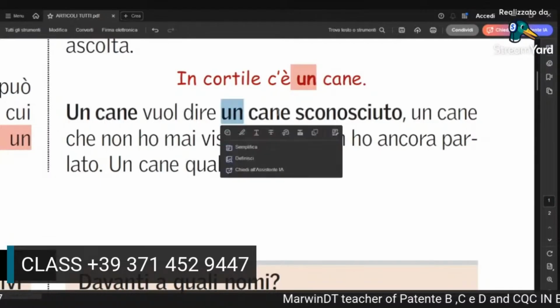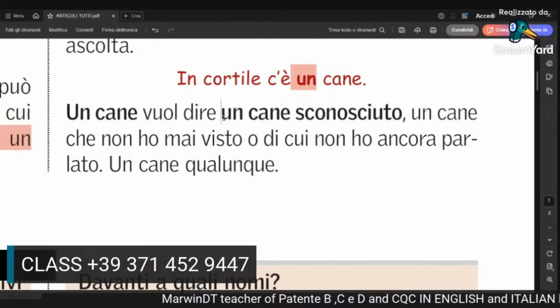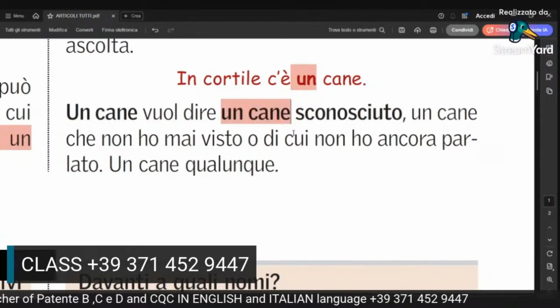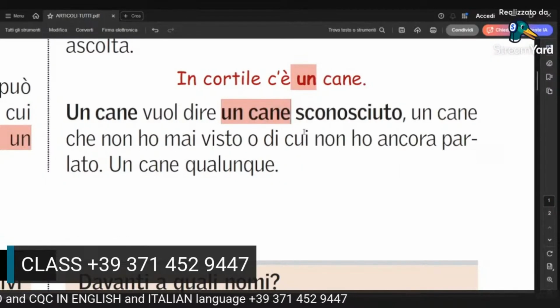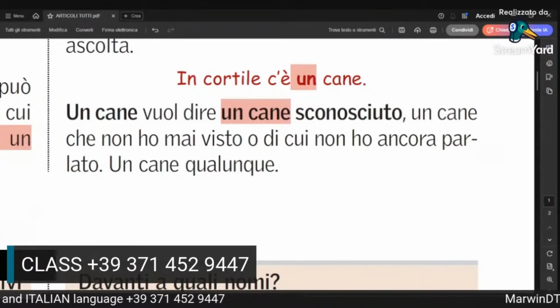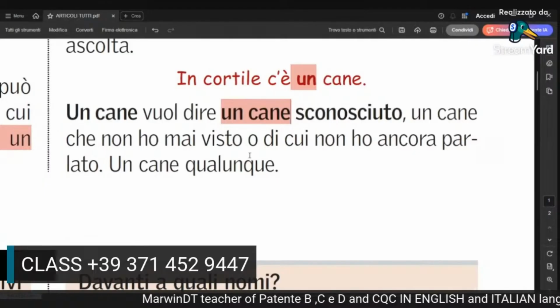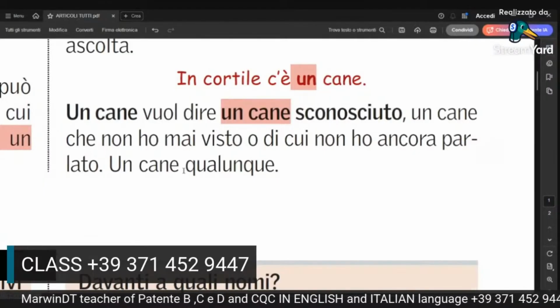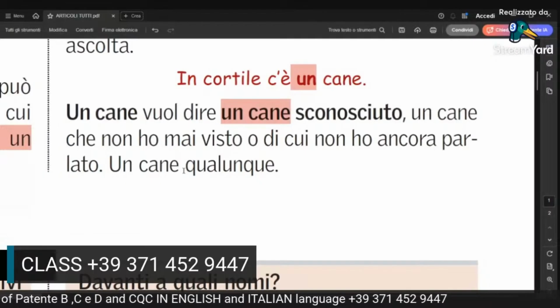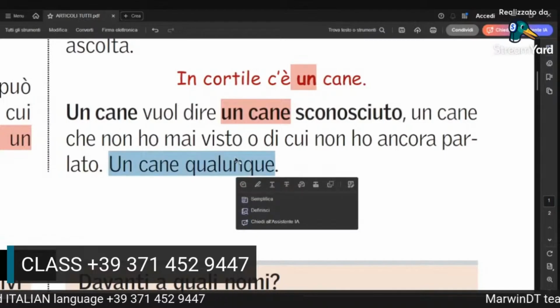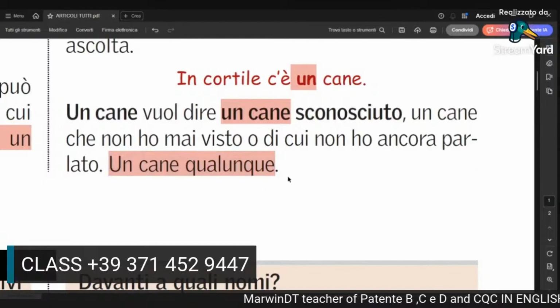So un cane in this case represents a dog that we do not know, an unknown dog to those that are talking and to those that are listening. Un cane che non ho mai visto o di cui non ho ancora parlato. Un cane qualunque. So a dog that we do not know personally or any dog at all.